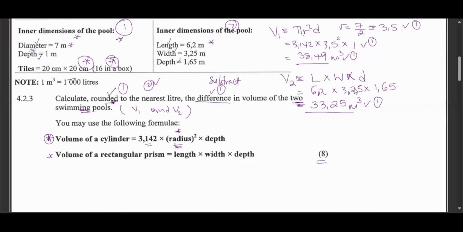Okay, so what's remaining? Subtraction. Volume, now here to be sincere, you have to take the bigger one minus the smaller one. So volume of swimming pool 1 minus volume of swimming pool 2. Here we go. We say 38.49 minus 33.25.